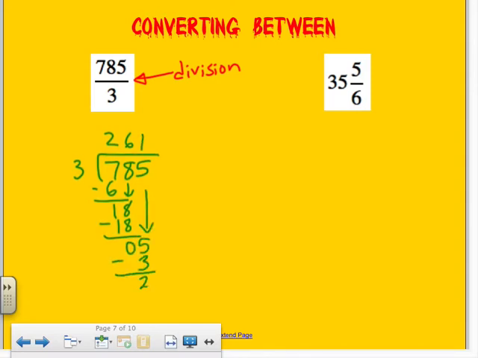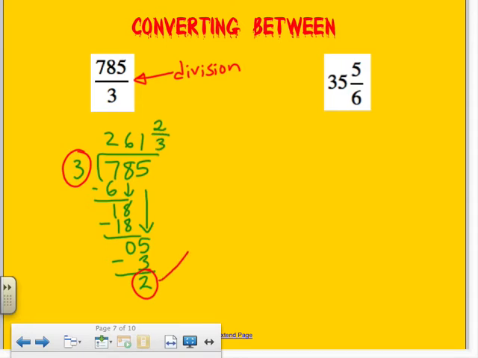And then when you get to this point, we talked about before when we were doing decimals, adding a 0 and continuing. But since we want the fraction, we're not going to continue. What you're going to do is take what you would typically call the remainder, and take the number dividing into it, the 3 in this case, and make a fraction. You're showing that 2 still needs to be divided by 3.